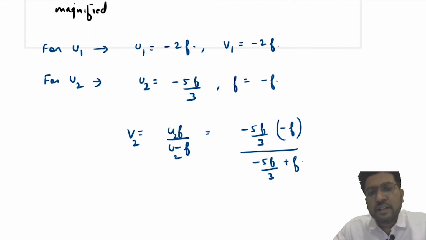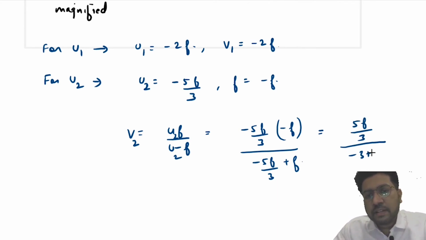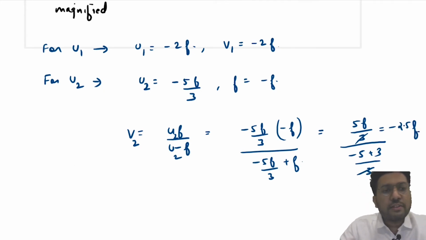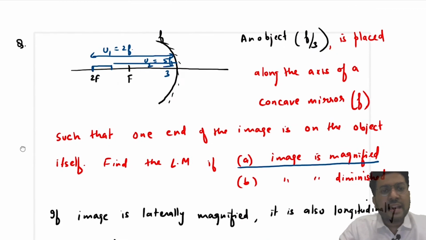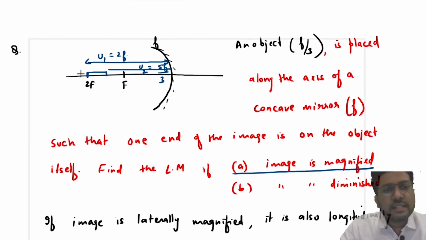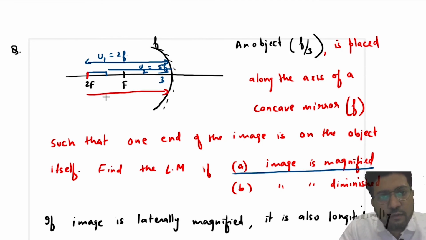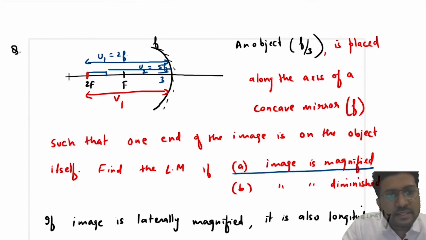So from this we will get the value of v2 as, see, you will get (5f/3) divided by (-5 + 3)/3. So from this you will get -2.5f. So you have got the value of v2. If I draw it in this diagram, the image, you will see that the value of v1 is 2f only. So this is v1. Okay, and the value of v2 is 2.5f. That means this is v2.